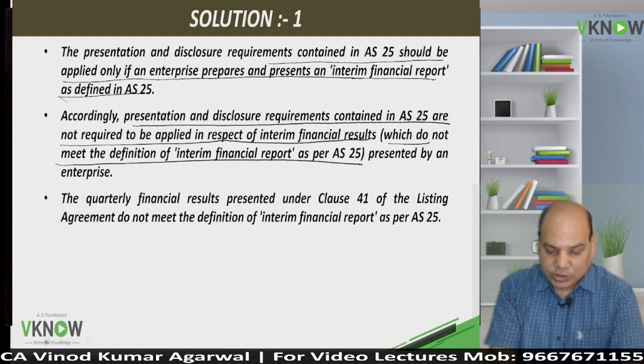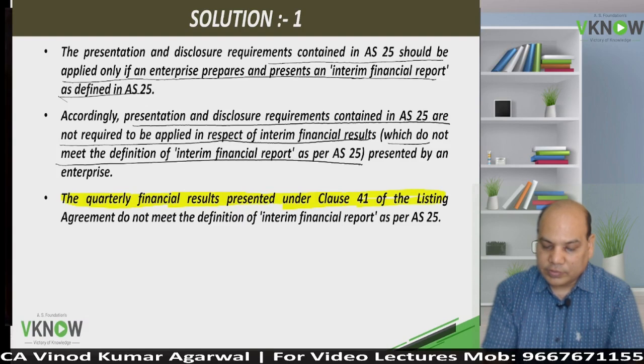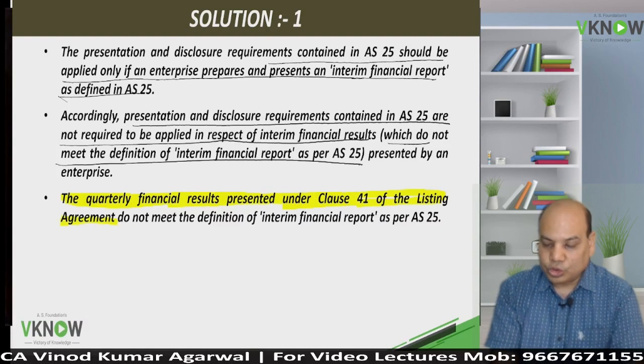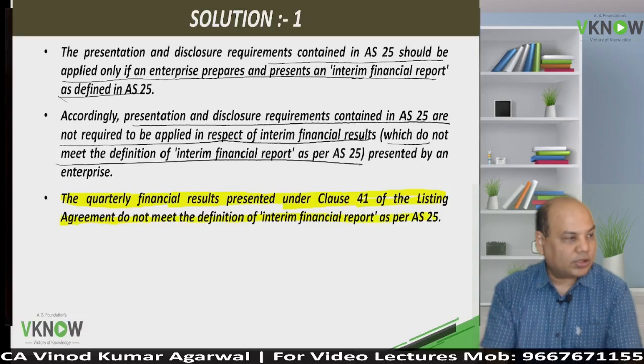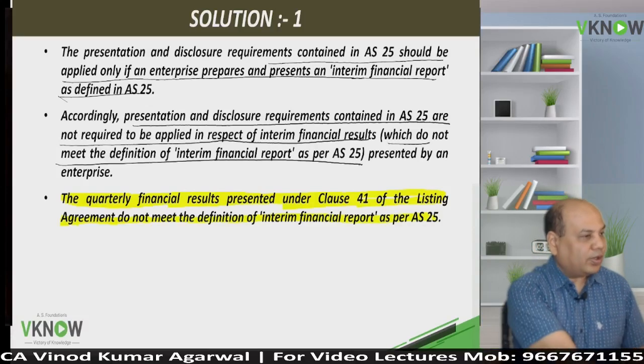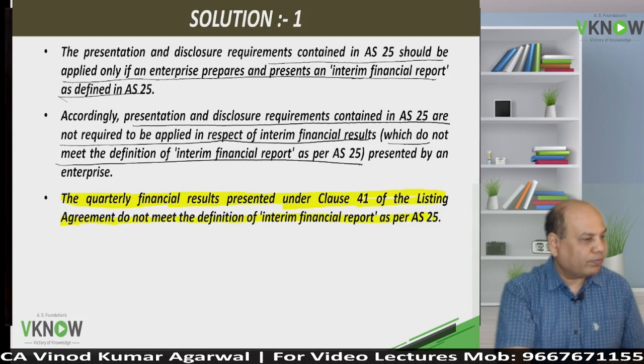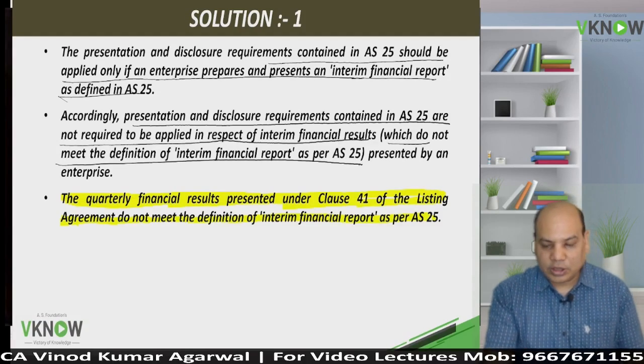So this is your first answer. Highlight: the quarterly financial results presented under clause 41 of the listing agreement do not meet the definition of interim financial report as per AS 25.